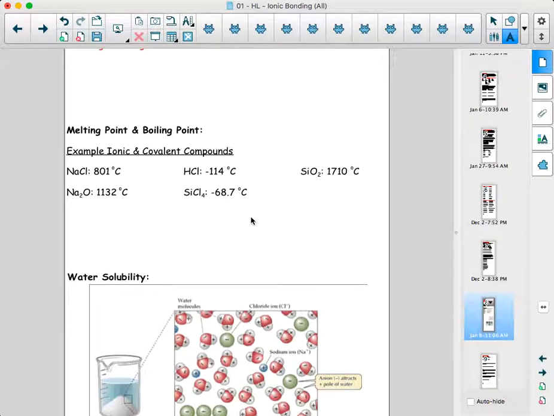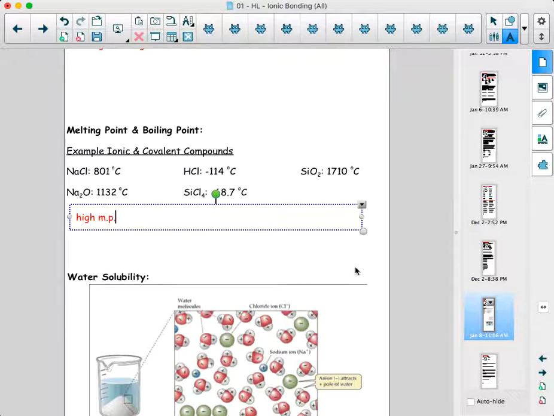Now, in terms of melting point, we think of ionic compounds as having relatively high melting points, certainly higher than regular molecular compounds. So high melting points, much higher than covalent molecular compounds. You can see some examples that I've listed.